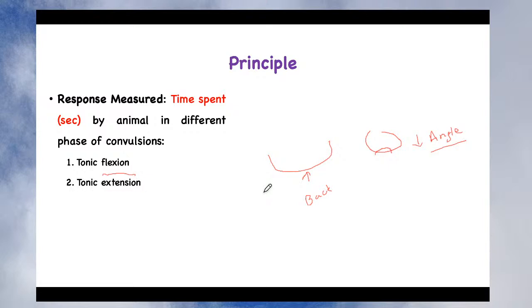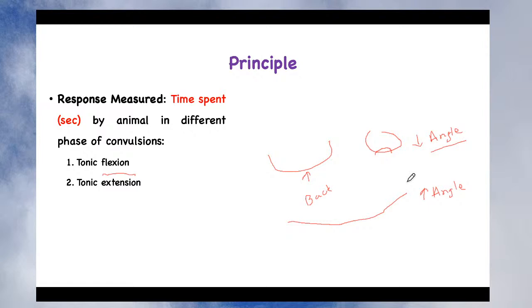The second phase is the tonic extension phase. It is followed by tonic flexion. First there is flexion, then there is tonic extension. As the name itself indicates, in the tonic extension phase there is an increase in the angle of the body due to the movement. It means the animal's both front paws and back paws are stretched, they are extended.